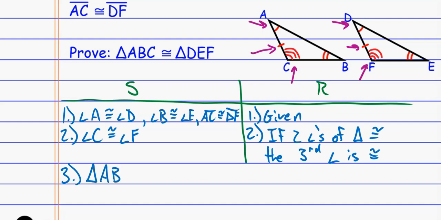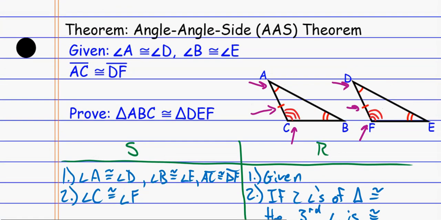Triangle ABC is congruent to triangle DEF. And that's because of angle, side, angle. Okay? So now using angle, side, angle, I've just proven that when I had two angles followed by a side, the triangles are congruent. So now I can use this anytime I want.